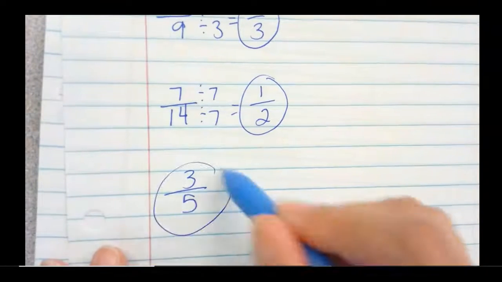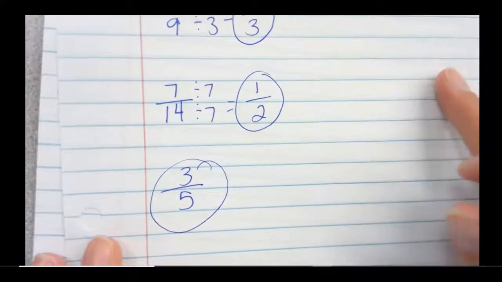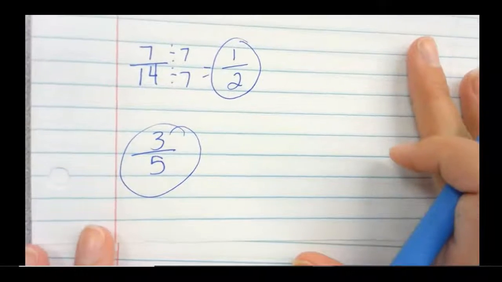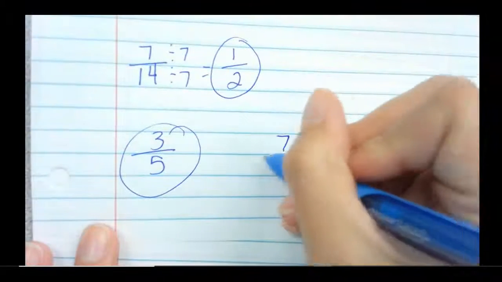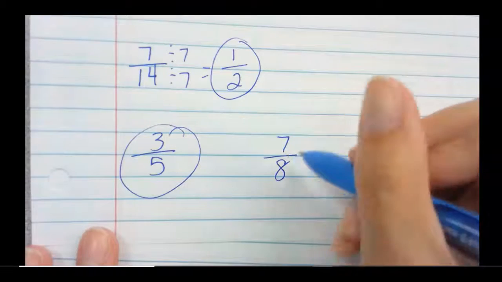No. 3/5 is the most simplified it can get. Same thing if I had 7/8, right? Let's say you were baking cookies and it called for 7/8 cup of sugar. Are 7 and 8 both multiples of the same number? No. So can we simplify that anymore? No.